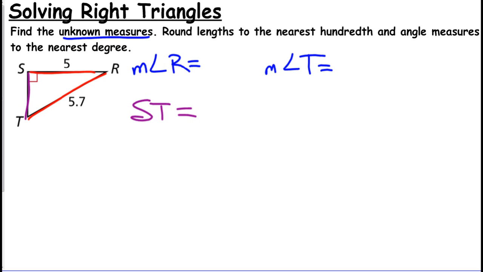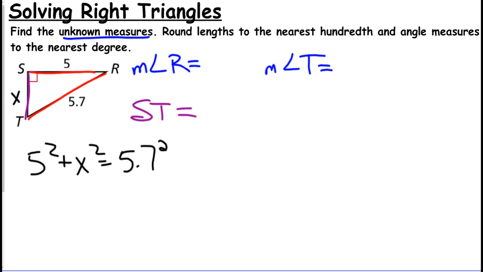So for the first problem, these are all kind of mini problems. What you're going to do is use Pythagorean theorem to start with, because I'm looking for ST. I'm going to call it X. So I'm going to say that 5 squared plus X squared equals 5.7 squared.